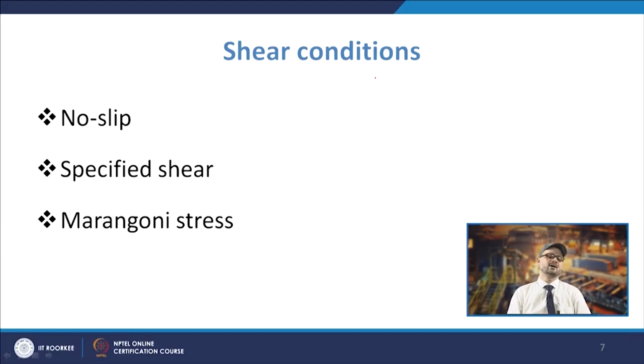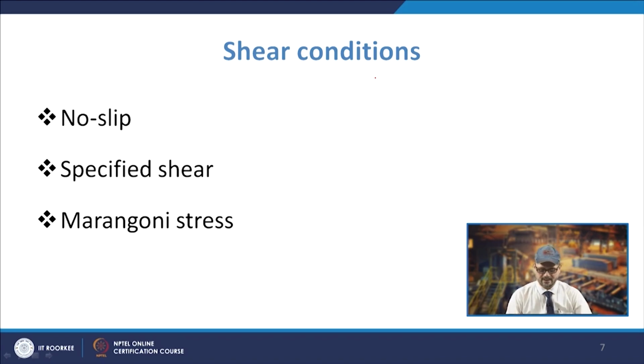Then if you talk about the shear conditions, you may have the no slip condition, you may have the specified shear, and you may have the Marangoni stress. So, that shear condition is also there.